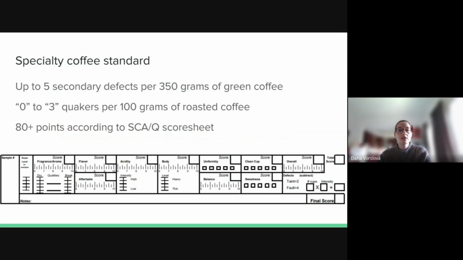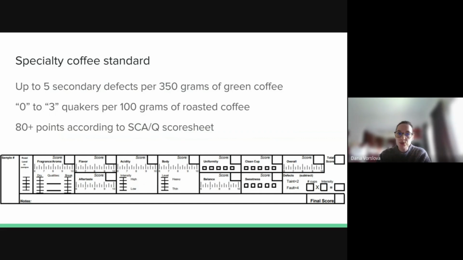Another standard is for quakers, which are pale yellow beans after the sample is roasted, lacking density, sugars and volatile components, basically everything which can lead to some off flavors in the coffee.